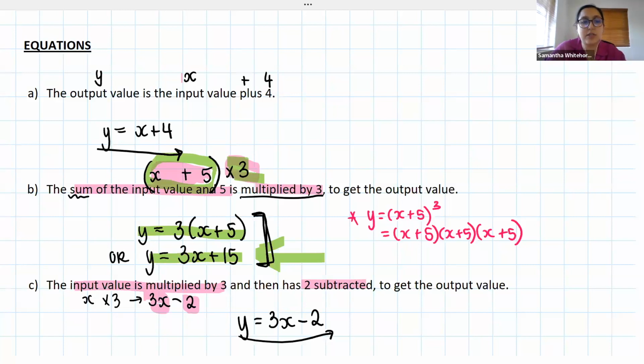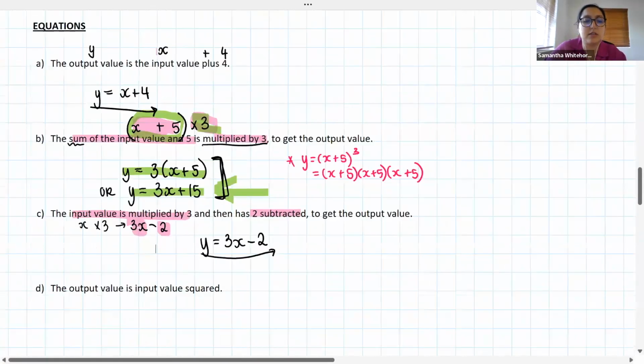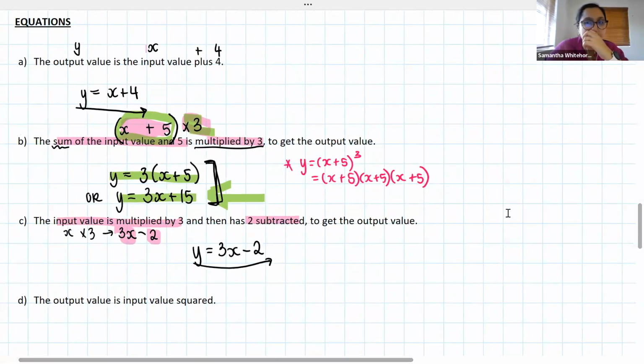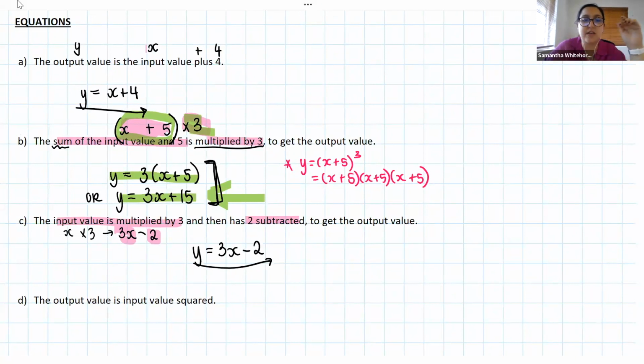Alrighty, so take your screenshots of those 3. No, let's not do that yet, because apparently there's a 4th one that I forgot about. Right, so let's try D. The output value is the input value squared. So let's write an equation for D. The output value is the input value squared.